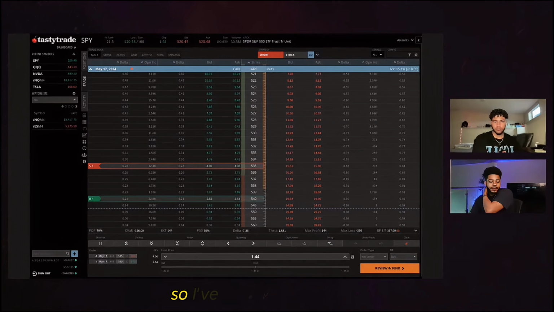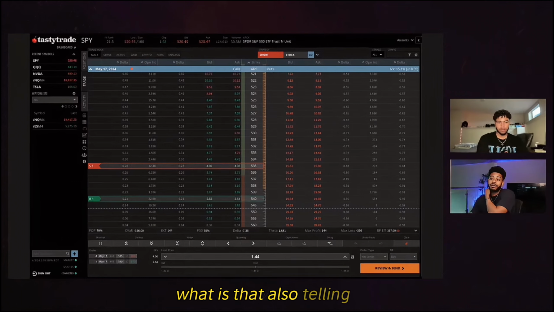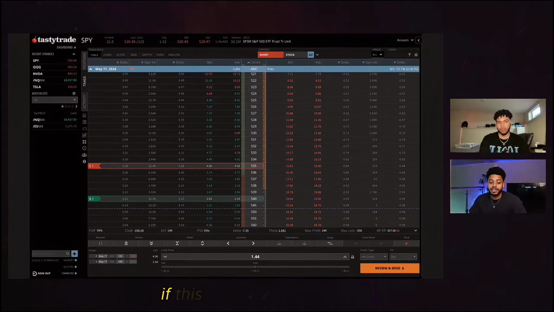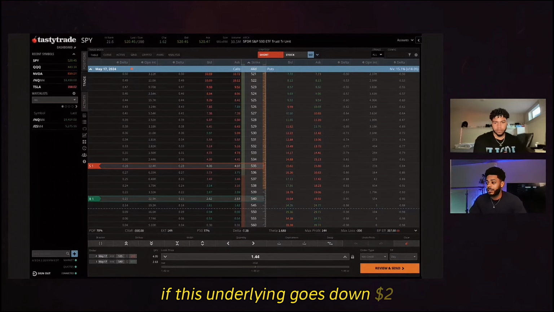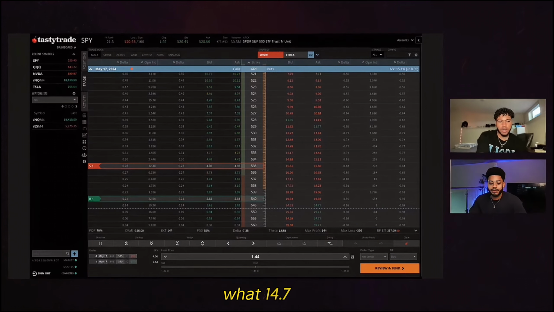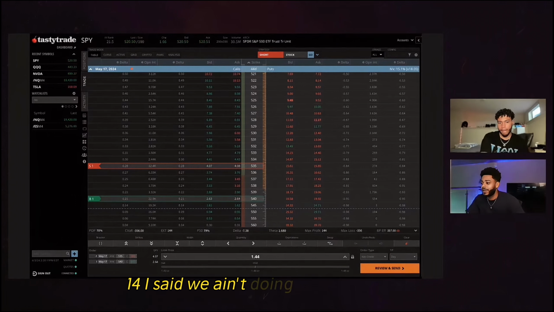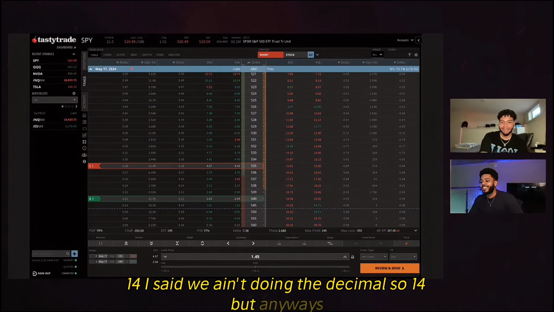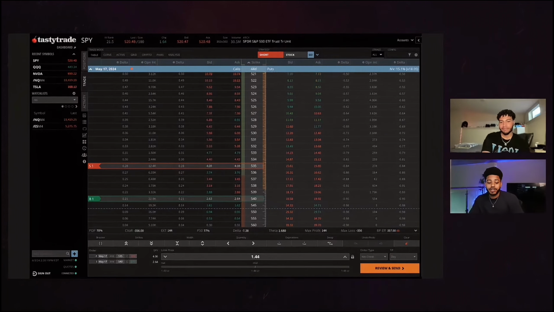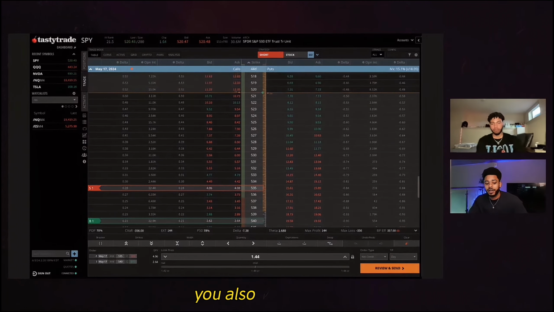So if I have a negative 7 delta, what is that also telling me? How much money am I going to make if the underlying goes down $2? About $14.70, so about $14 or $15. This lets you know how aggressive a position you have on.